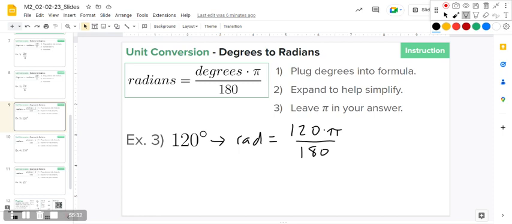And now we want to expand out just like we did with rational expressions earlier. And the thing I'm going to expand out for is I'm going to, on top, change 120. I'm going to change it into 10 times 4 times 3 times pi.